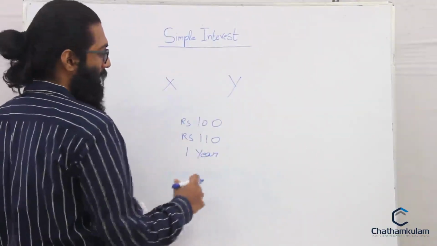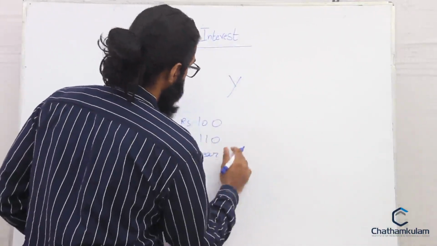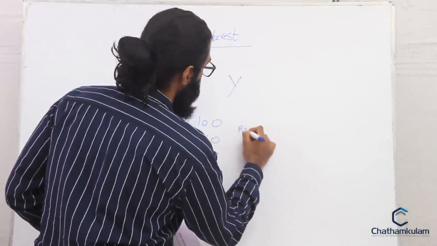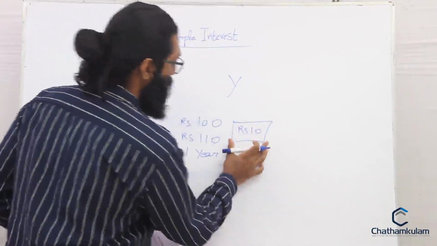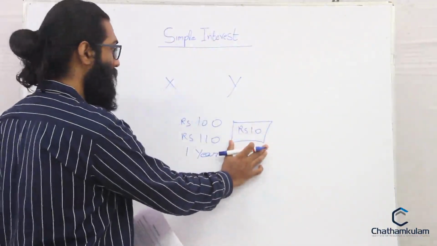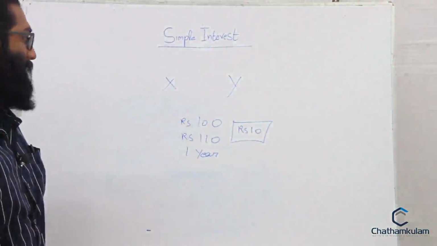So here x gets an extra amount of rupees 10. This amount is the simple interest that x gets from this transaction.